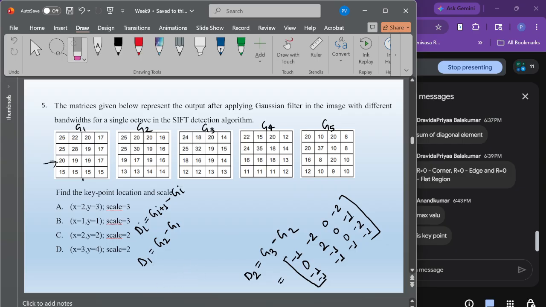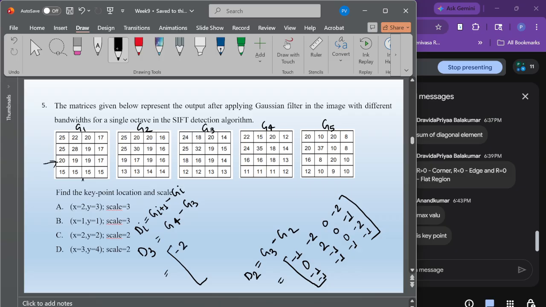Okay, so next one is D3, right? So D3 is G4 minus G3. Can anyone tell what values we will get here?